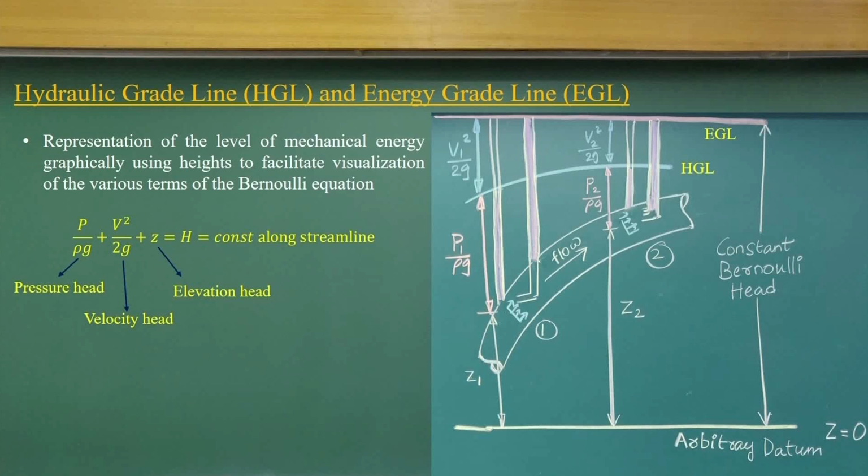If you can draw a streamline and you want to quantify how the energy is changing, as you know, fluid flows from higher energy to lower energy, not from higher elevation to lower elevation. Please do not get that wrong. The fluid flows from higher energy to lower energy.